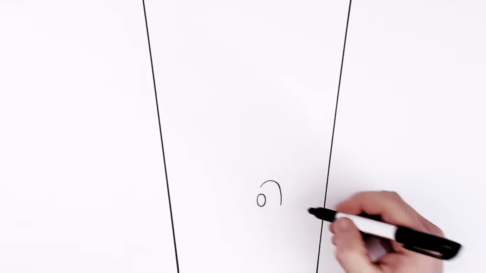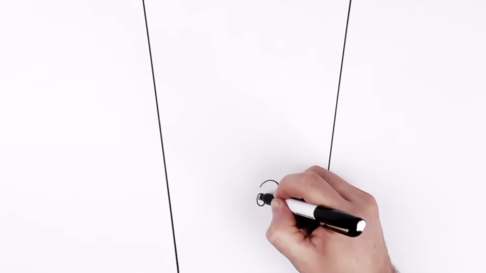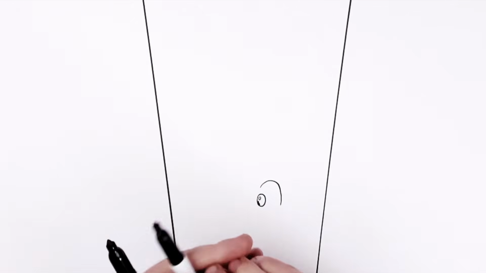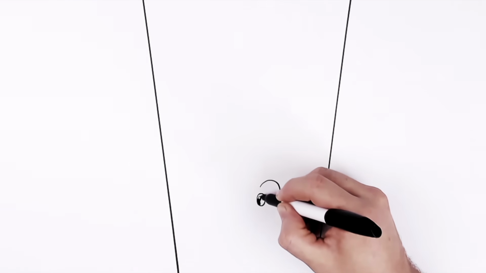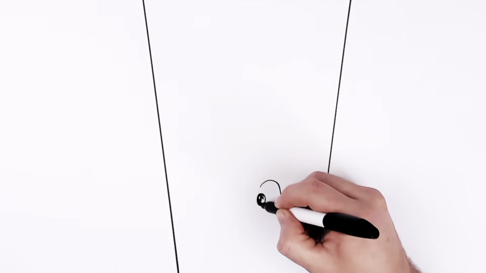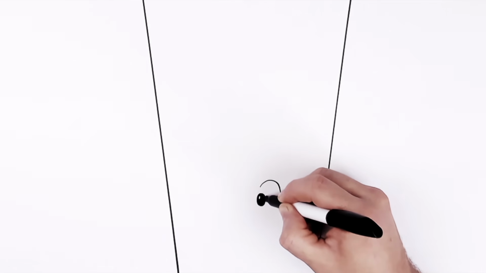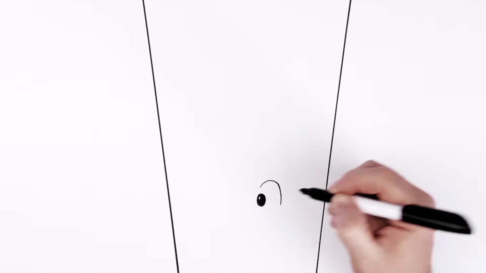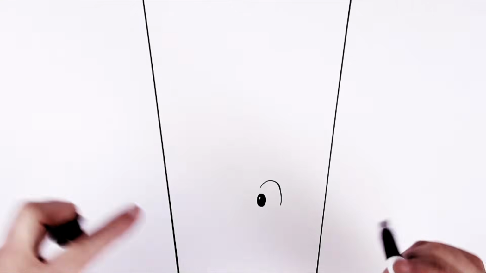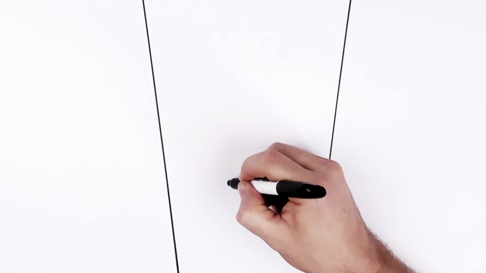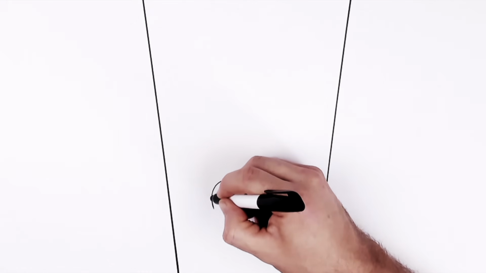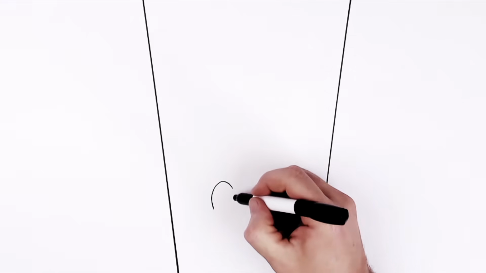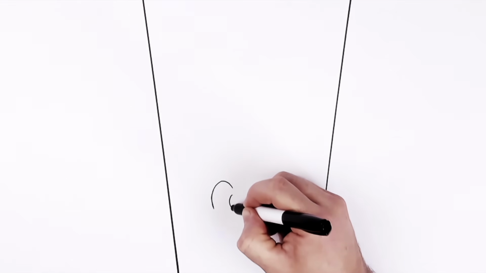And you can color it and leave a white highlight if you want, of course. And then the other eye, curving around like so, and then the pupil.